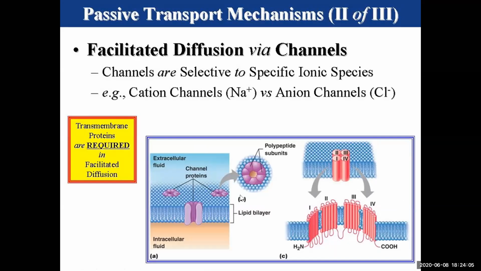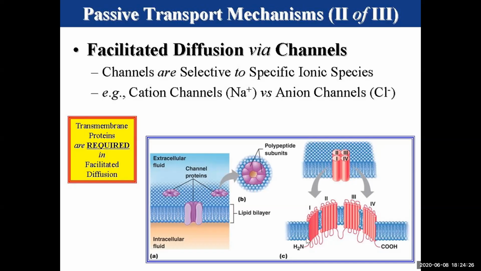I'm getting ahead of myself, so we're still under facilitated diffusion, specific ionic species. Transmembrane proteins are required. So you have here, these are transmembrane proteins. This is a complete protein working as an ion channel like that.